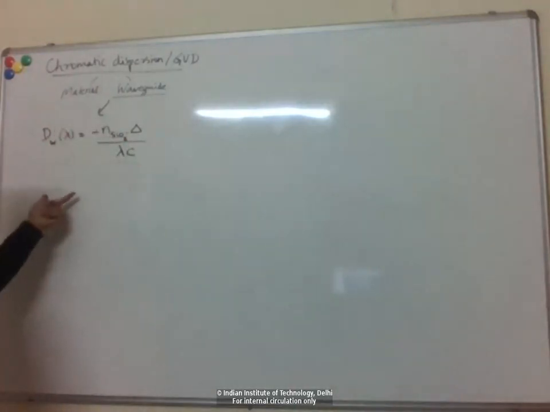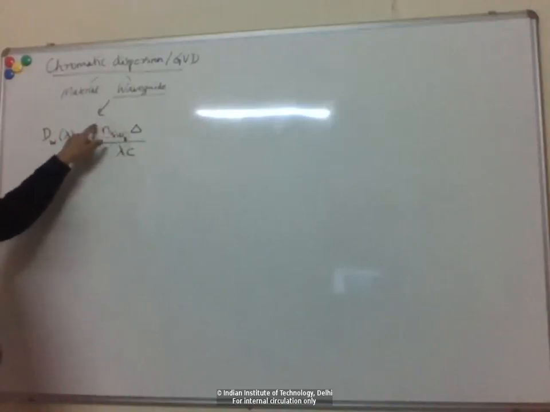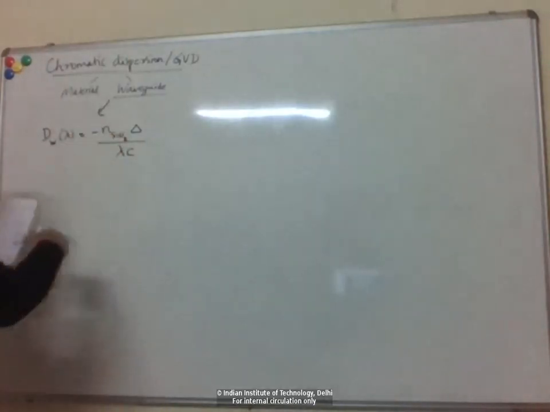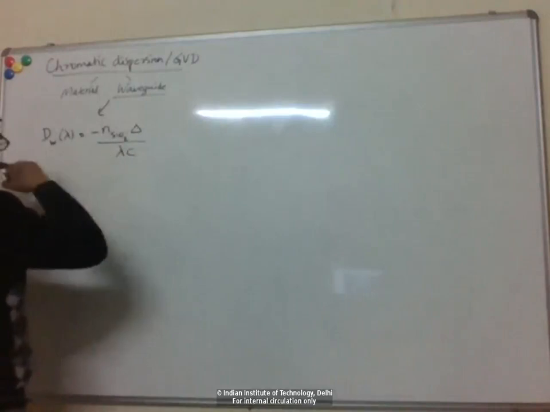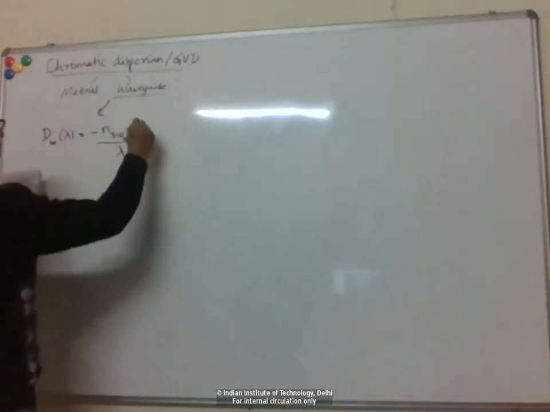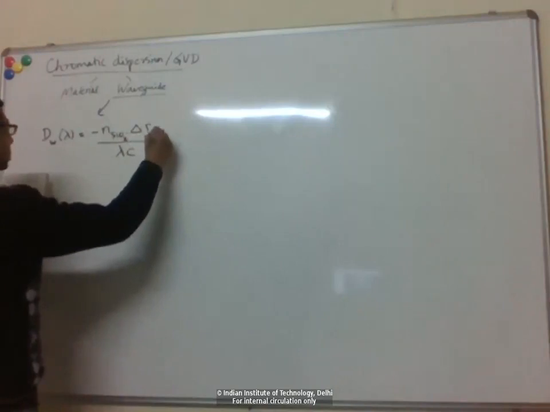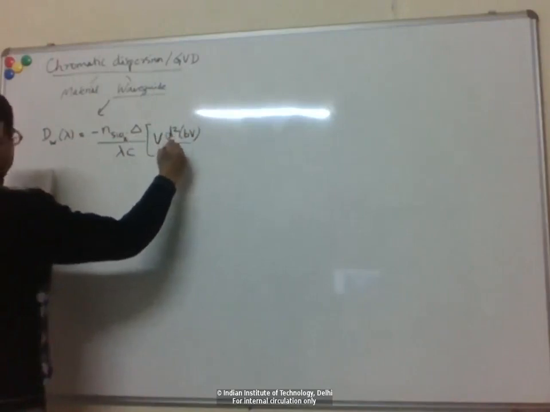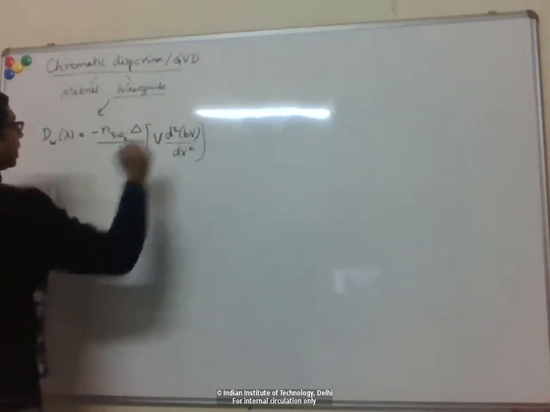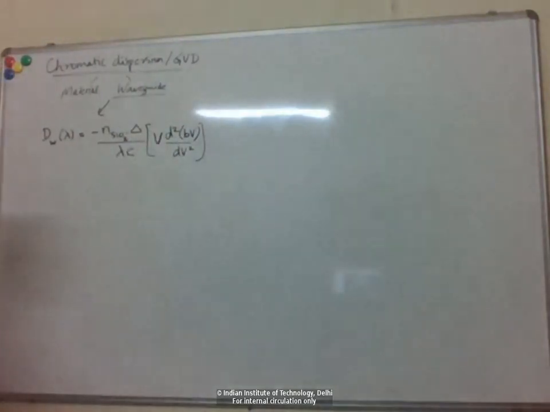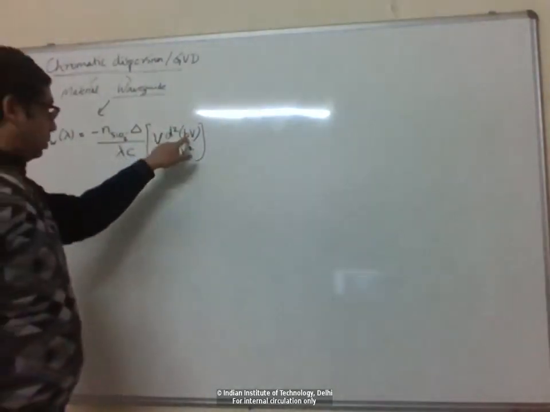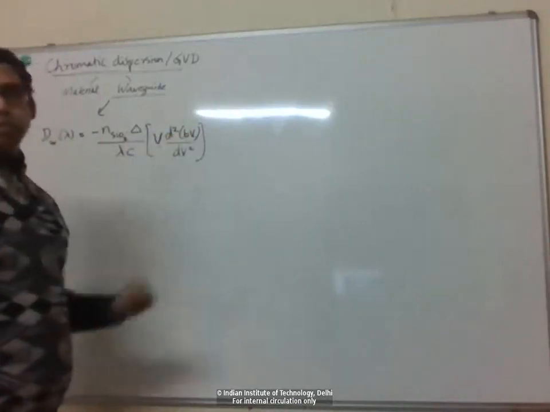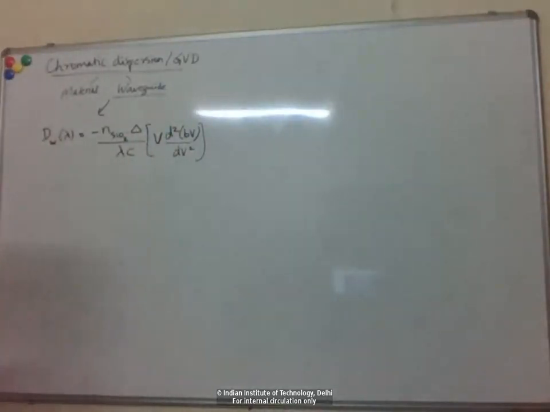One was the material dispersion, which was directly the second derivative of the refractive index of glass with respect to wavelength. And then the second term was this, right? So it depends on this normalized index contrast, and then this variation of the normalized propagation constant small b, right? So the BV curve, the b is the normalized propagation constant, and V is the normalized frequency, right?